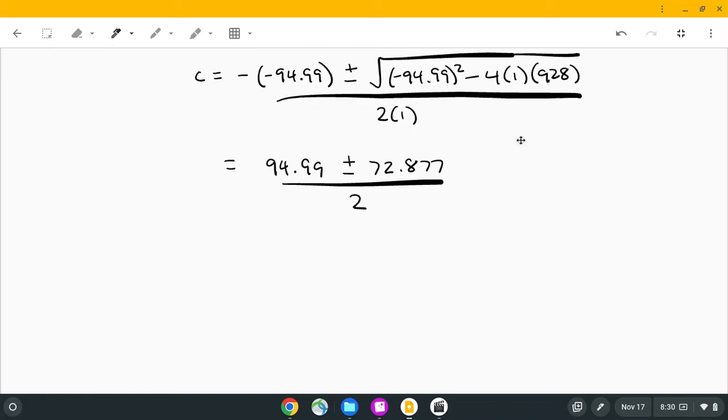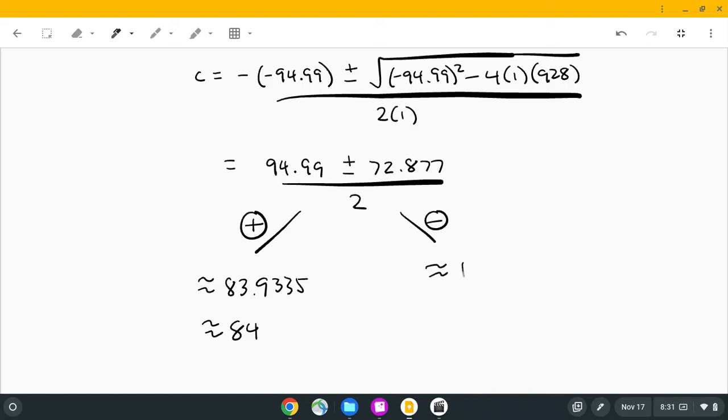And so when we add 94.99 plus 72.877 and divide by 2, we end up with roughly 83.9335. How many significant digits are we dealing with here? Okay, so we will take 84. Okay, when we do the subtraction here, then we get roughly 11. We don't get anything negative, so we get 11.0565. So we will take 11. Okay.